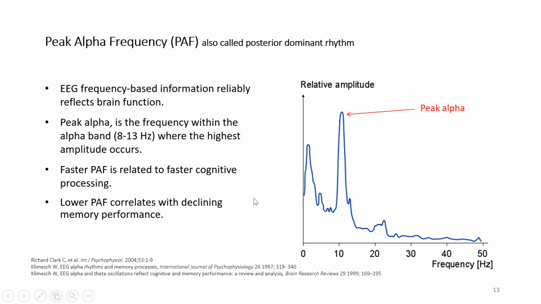And what's useful about this single measure, about this peak alpha, is it's correlated highly with cognitive processing speed. And it declines or gets slower, so it may go from 10 hertz to 9 hertz to 8 hertz to 7 hertz with memory performance declining.